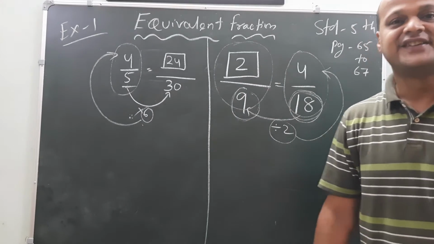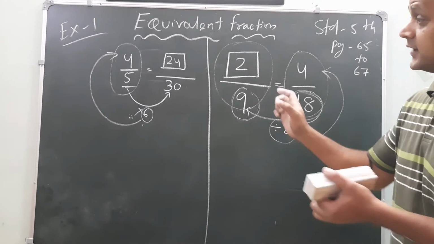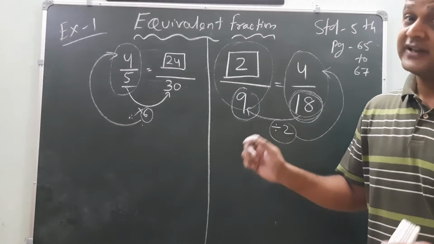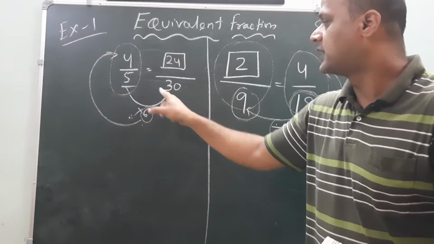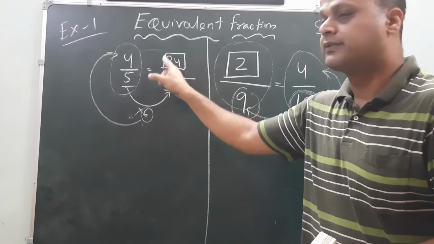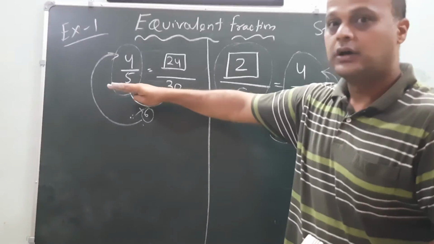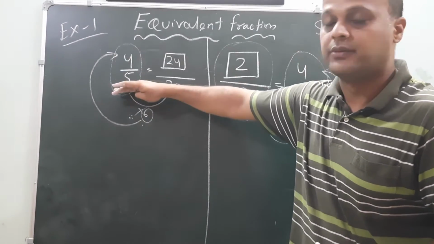Understood, my dear friends? So like this manner you have to find out, and here fill in the blanks is given. In fill in the blanks, what we have discussed? If the first fraction is given and one part of the second fraction is not given, then you have to make the relation between which two? First check which two are given. Numerator is given or denominator is given?